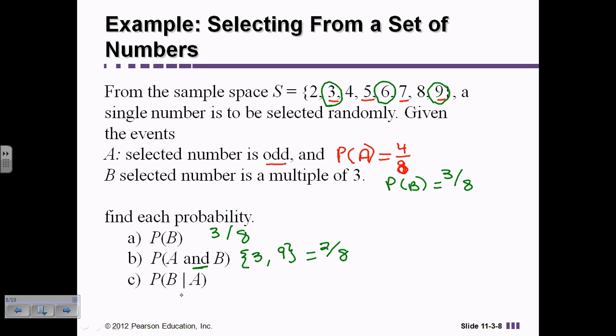So the probability of B given A, if we use our formula, is going to be 2/8 divided by the probability of just A, which is 4/8. So this would equal 2/8 times 8 over 4, which is 2 over 4, which is 1/2.